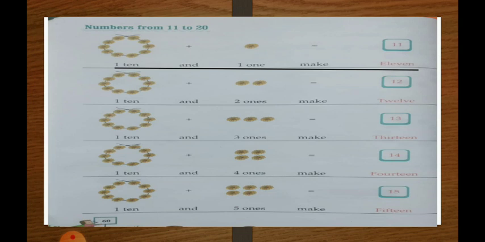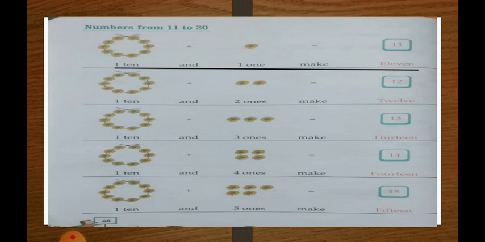Now this 1 ten plus 2: 1 ten and 2 ones make, two separate flowers means 2 ones. When the flowers or objects are separate, that time you have to use ones.